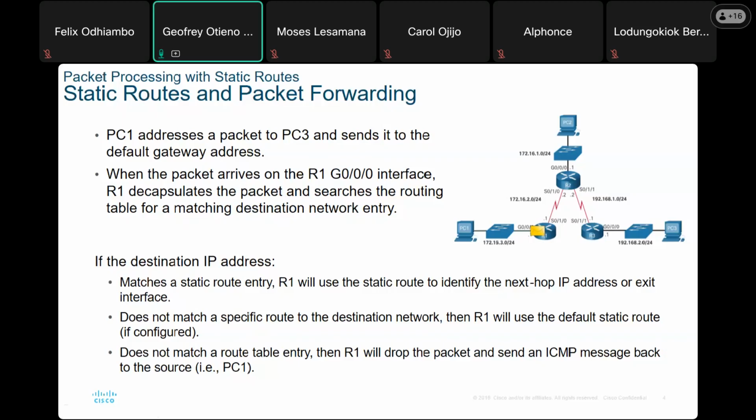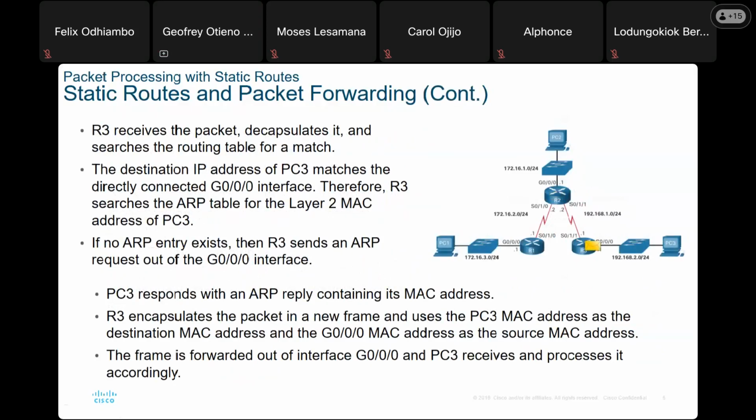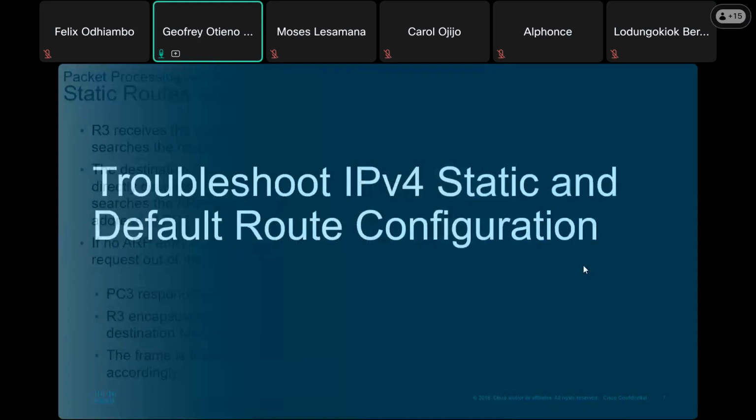Now that you have the topology, you can explain as you move on. This is just to confirm that the packet moves from PC1 to the last one without any problem until it gets to the end.